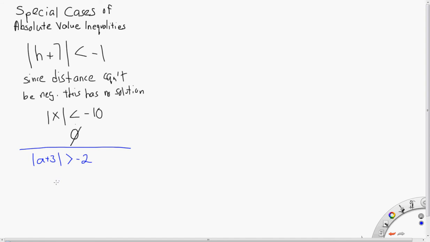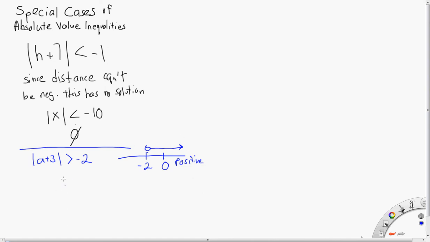Sure. Let's take a look at where negative 2 is on the number line. Negative 2, there's 0. And if we look at this, this includes all the positive numbers. So how many distances are greater than negative 2? All of them.